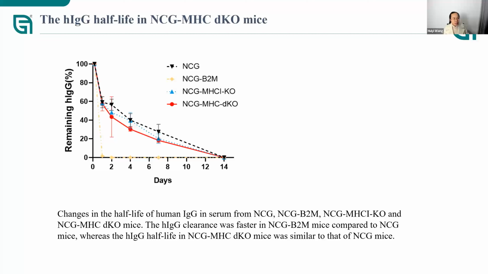Also, we conducted a PK study. Compared to NCG, the IgG half-life in the NCG B2M mouse model is very short, but the IgG half-life in NCG MHC-DQ mouse is nearly the same as in NCG mice.